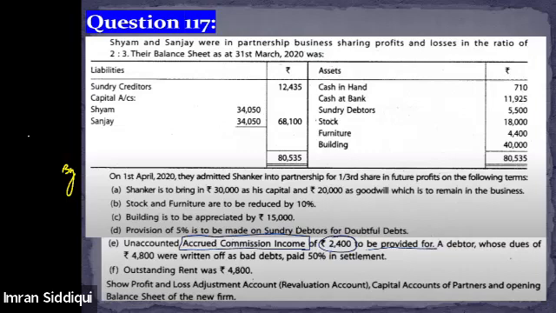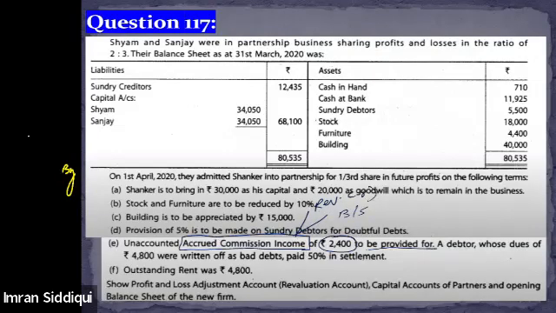So accrued commission needs to be recorded firstly in the balance sheet, since the asset of the firm is increasing by way of accrued commission. So you need to go to the balance sheet and write down the value as accrued commission 2400 on the asset side. But at the same time, since accrued commission is an asset, and there is an increase in the value of the asset, we'll go to the revaluation account on the credit side as well, and this needs to be recorded on the credit side.